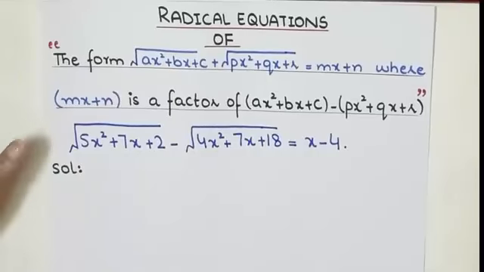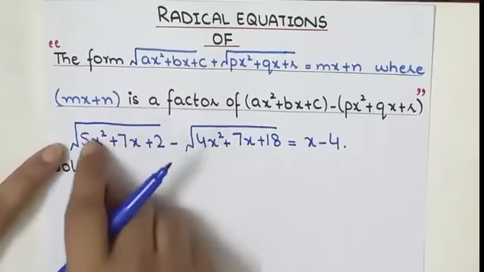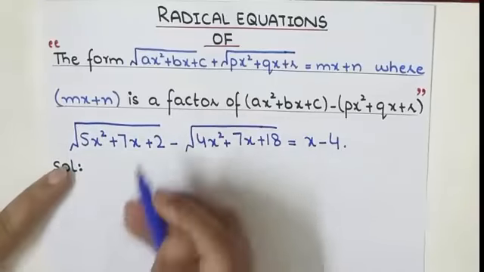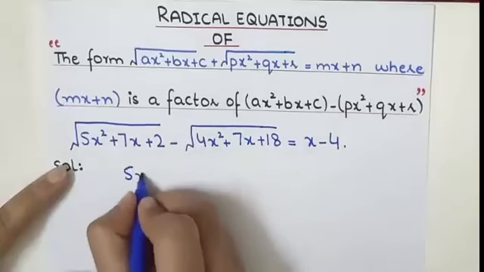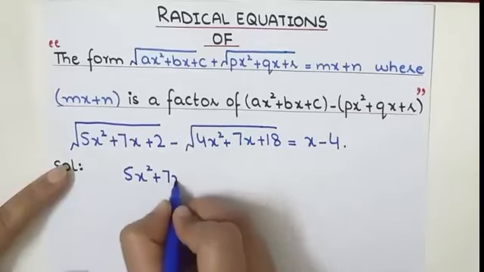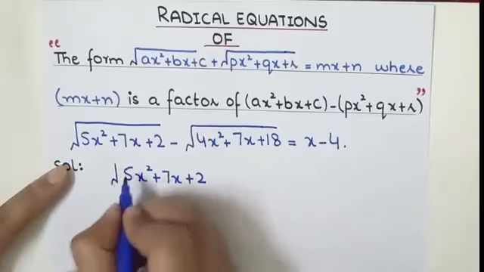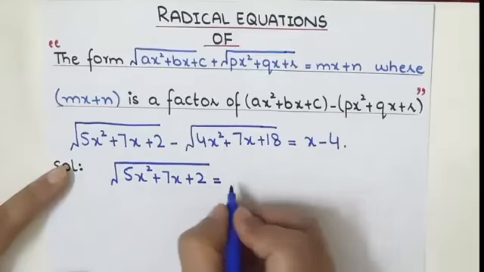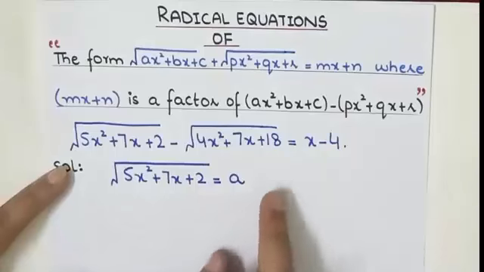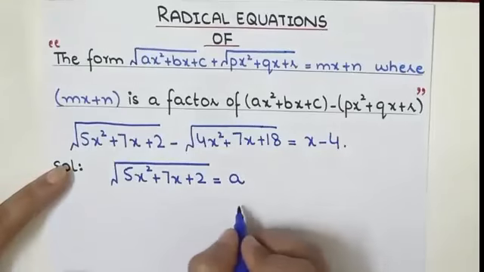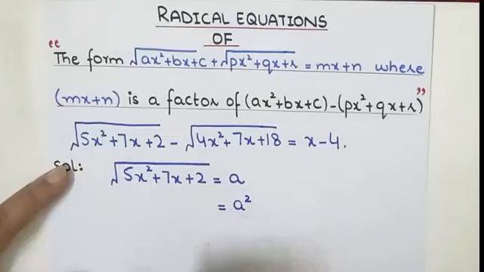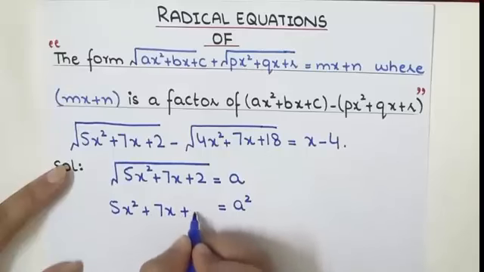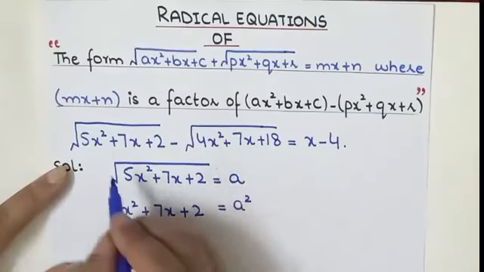So the first step is to let the first term and the second term equal to some variables. We have the square root of 5x square plus 7x plus 2, and we let this term equal to some variable a. Then the value of a square will be 5x square plus 7x plus 2, because the square cancels with the square root.